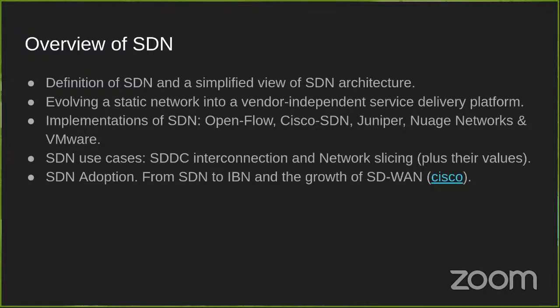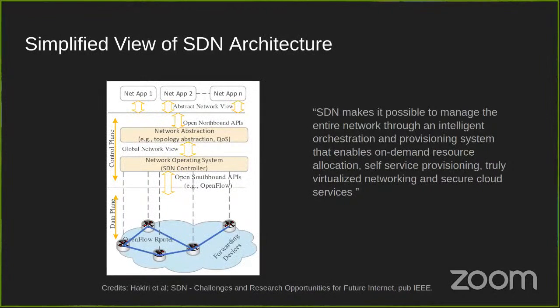The main focus of it was to separate the control plane from the data plane, just as I have explained. In the next slide, before I continue, I can show a simplified view of the SDN architecture. This I borrowed from OpenFlow, which was one of the first to implement the architecture of SDN.